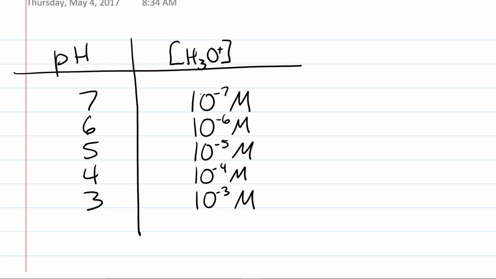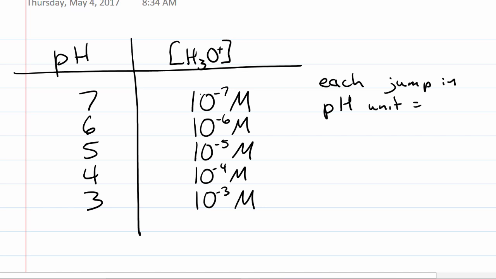These two differ from each other by a factor of 10 to the 3rd, which is 1,000. So what this brings up is that each jump in pH unit is equal to a factor of 10.